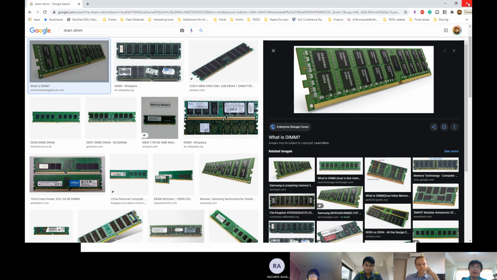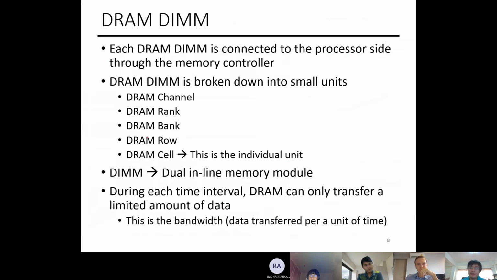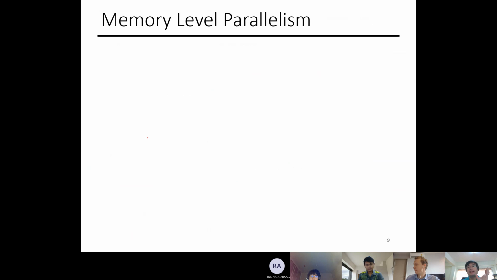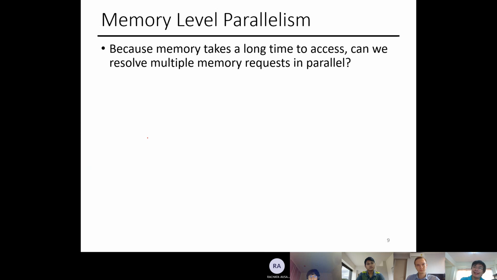So I'm going to go back to the slides now that you've seen the DIMM. So this is basically what limits the bandwidth. And there's a certain amount of parallelism, which we will call memory level parallelism. Because memory takes a long time to access, right?